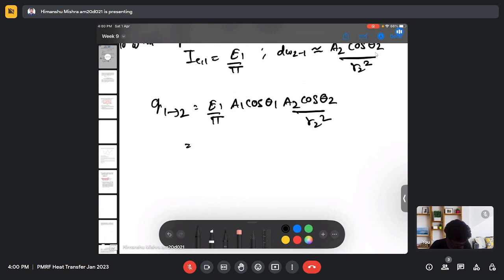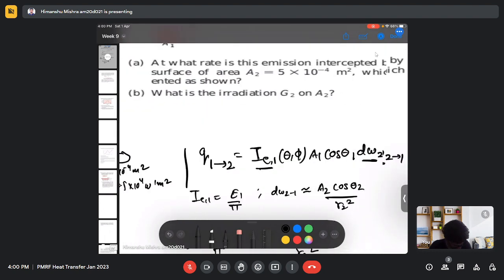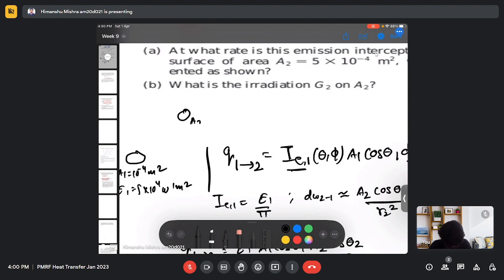Total diffusive power is 5 10 to the power 4 over pi, and my surface area at 1 will be 10 to the power minus 4, and at 2 it is 5 10 to the power minus 4 meters square.